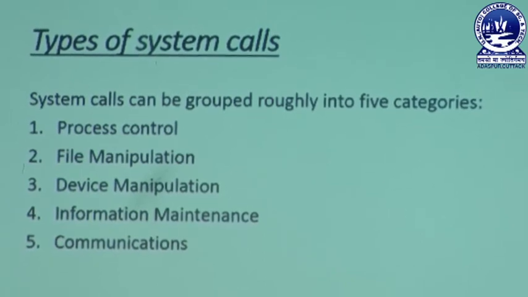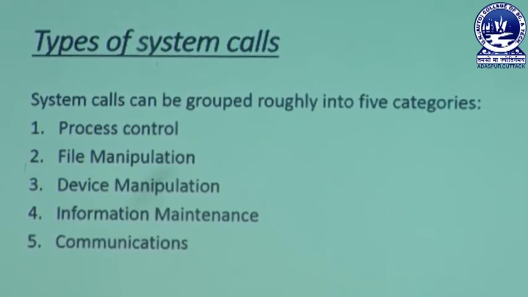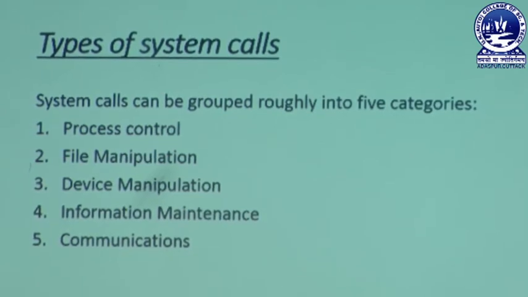We will be seeing how they are categorized, what the differences between them are, and how they work. First is process control, second is file manipulation, third is device manipulation, fourth is information maintenance, and fifth is communications.